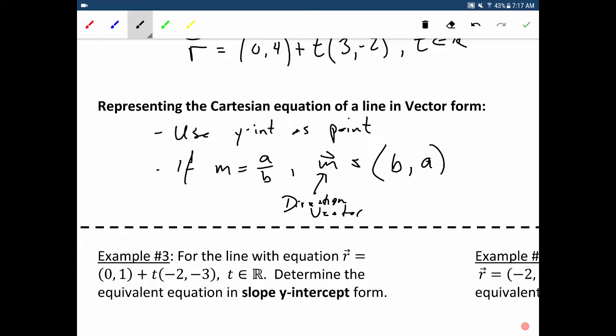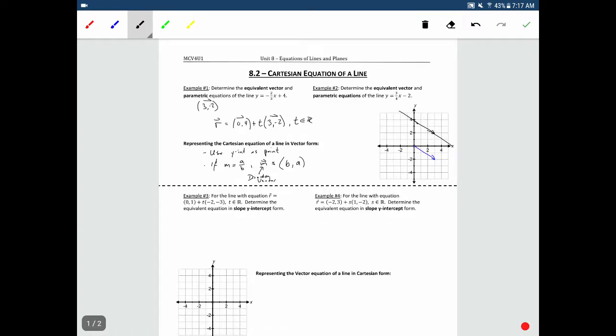It is worth mentioning that if it is a negative slope, then you're only going to have one of these values be negative. So there you go. I'm going to leave you the second one.